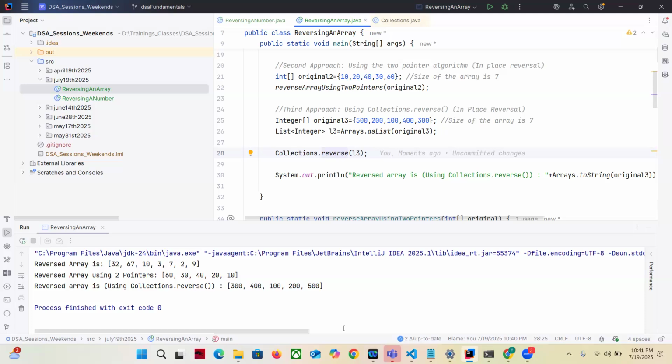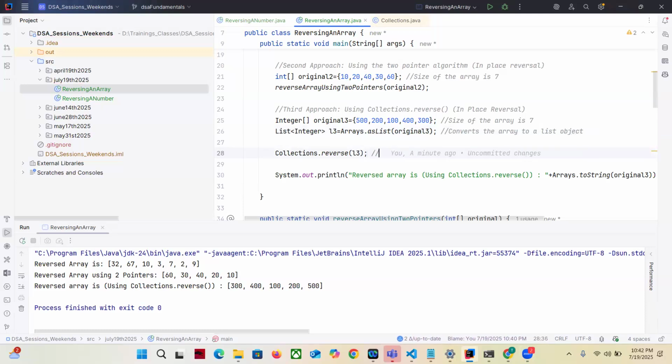Clear? Any doubts so far? Rahul, can you just explain what is asList? So for starters, people who are new, Arrays.asList means it converts the array to a list object.